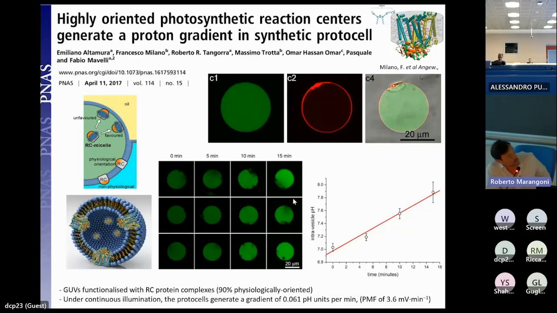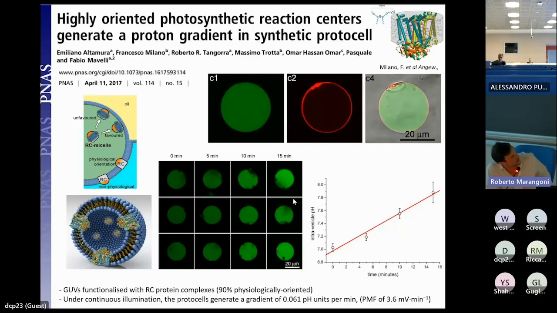We use the droplet transfer method, with micelles that contain the RC inside the volume, and this drives the reconstitution of the RC in the membrane in a physiological orientation with 90% success.